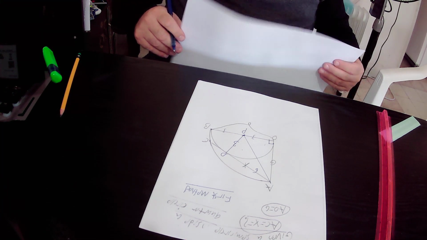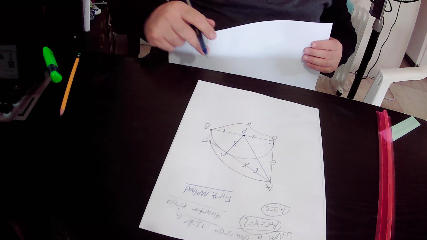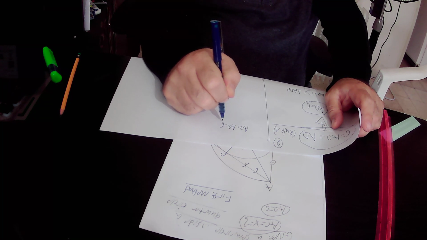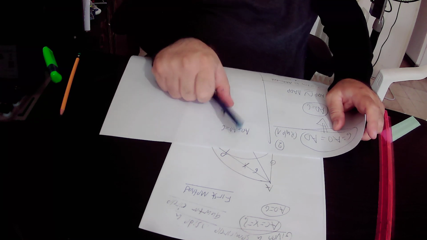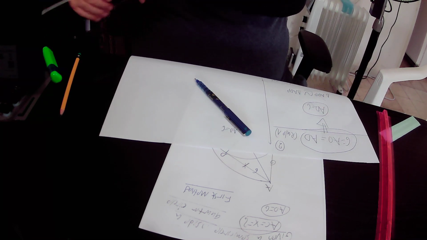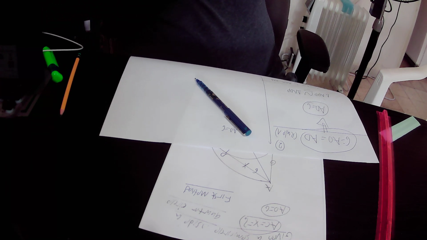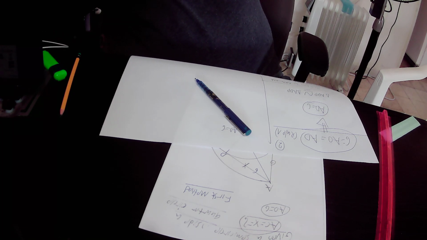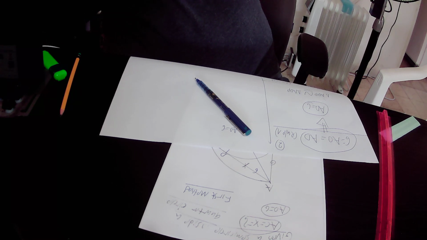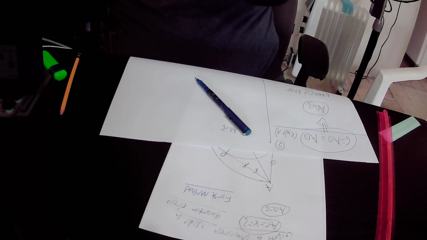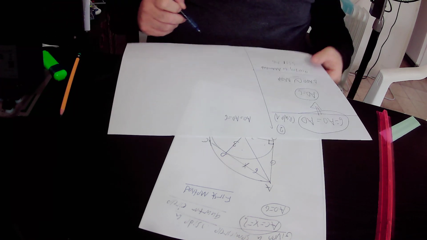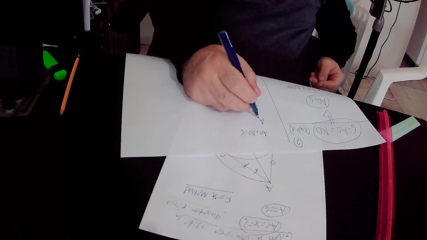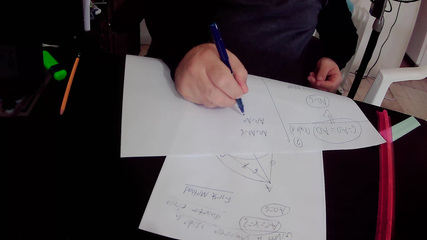Here, AO equals AD equals 6 units. In addition, AP is a common side that belongs to both triangles, so AP equals itself as a common side.